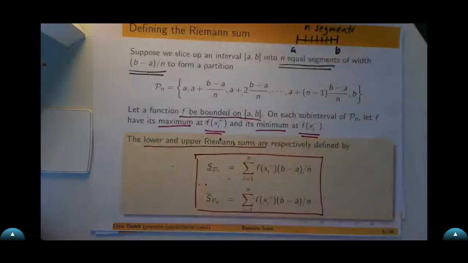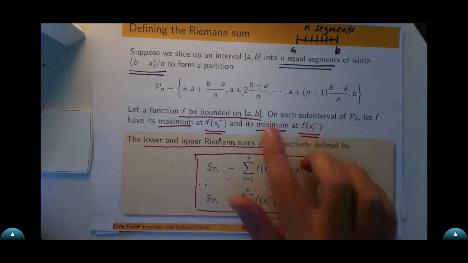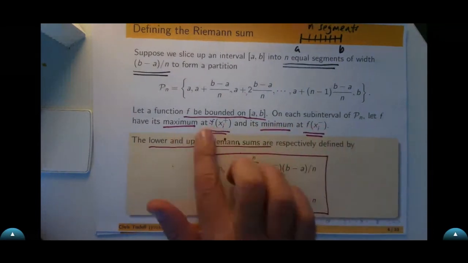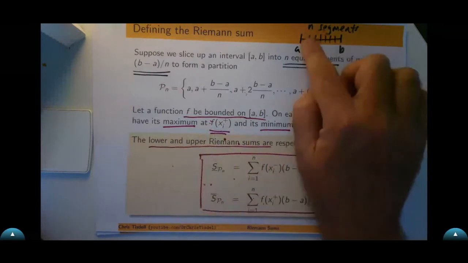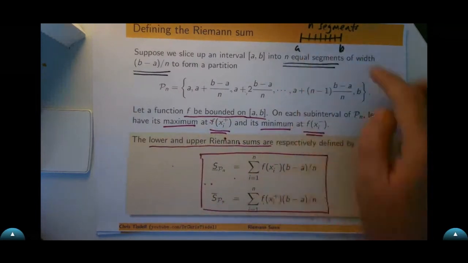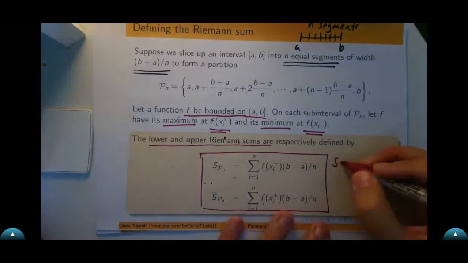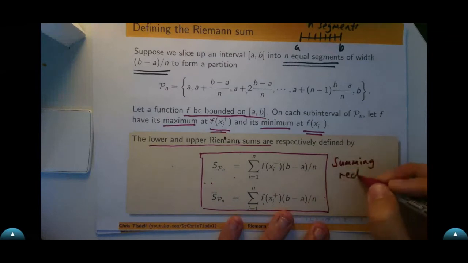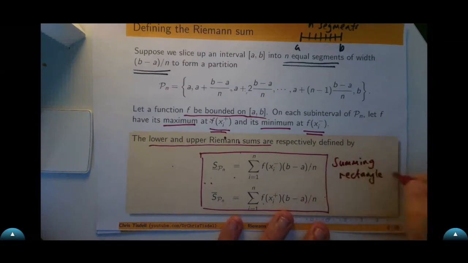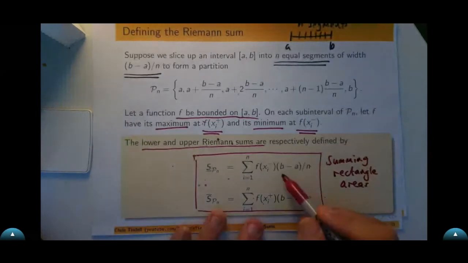Okay, so when you're looking at these kinds of definitions, you're looking for the maximum of your function on each little subinterval and the minimum of your function on each subinterval. And these are basically just summing rectangle areas, right?